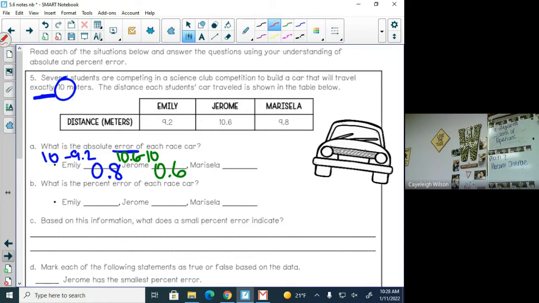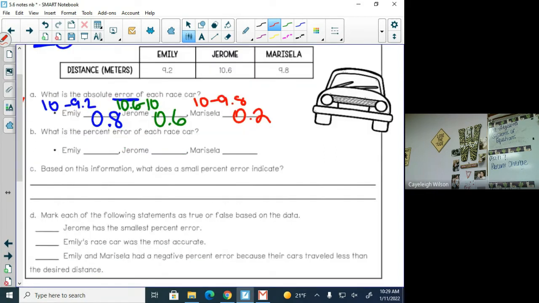All right, so Maricela went 9.8, so 10 minus 9.8, her error is 0.2. Are there any questions about how to find the error with the subtracting? Okay, moving into part B.